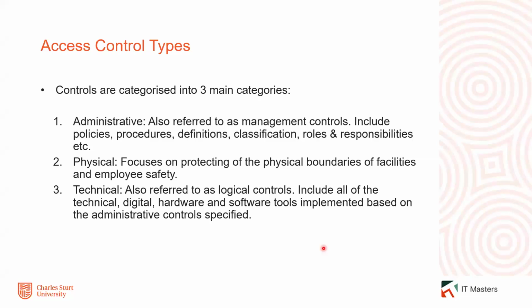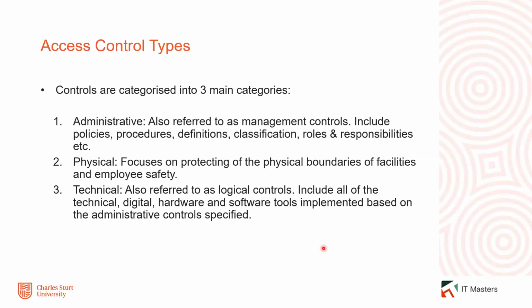Physical controls focus on protecting the physical boundaries of facilities and employee safety. So we're literally talking about real world physical security. We're not talking about firewalls and that sort of thing now. We're not talking about those types of boundaries. We're talking about security guards, closed circuit TVs, swipe card access to particular doors.